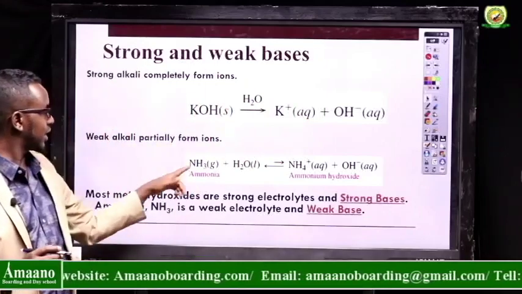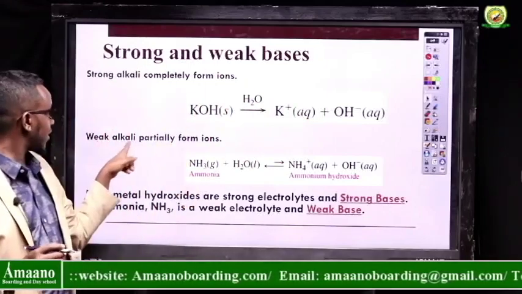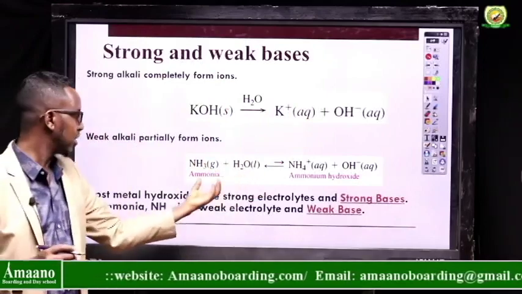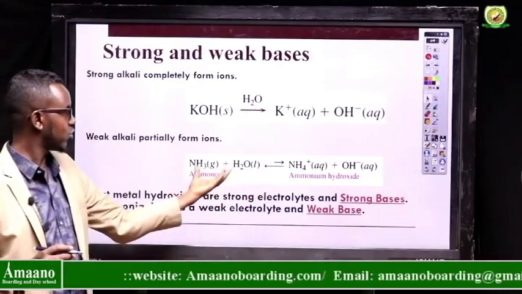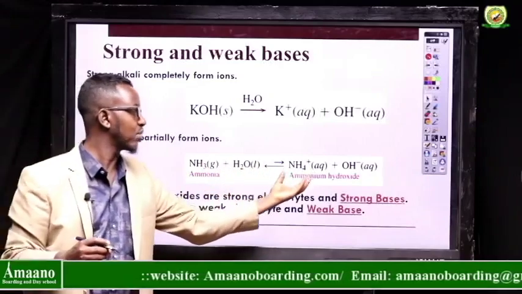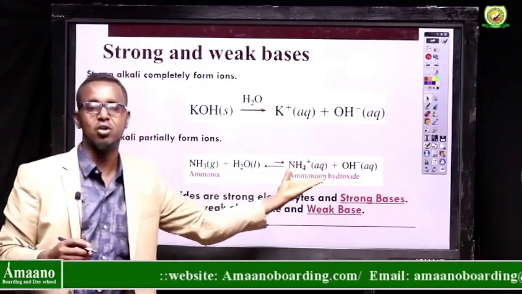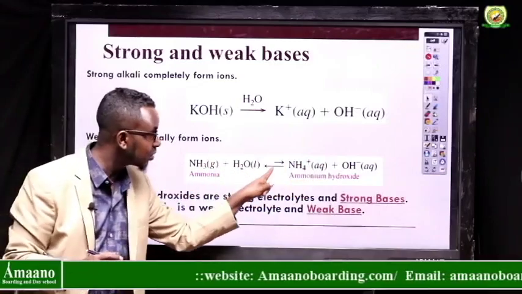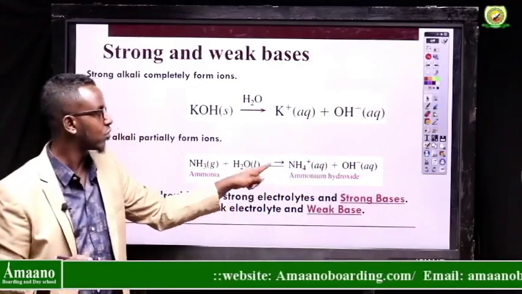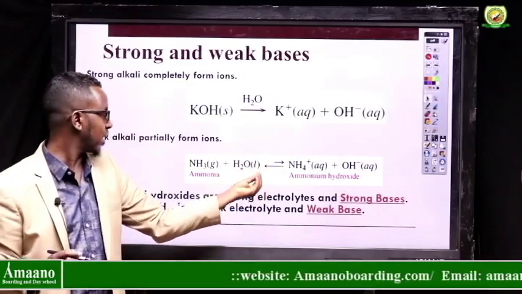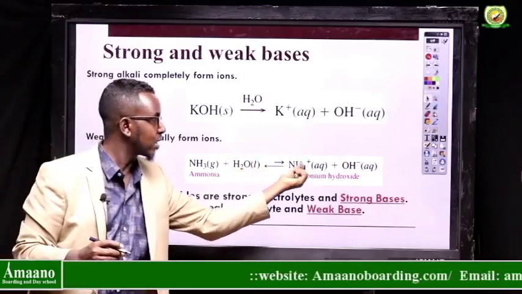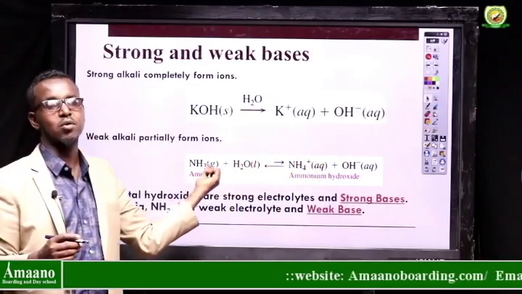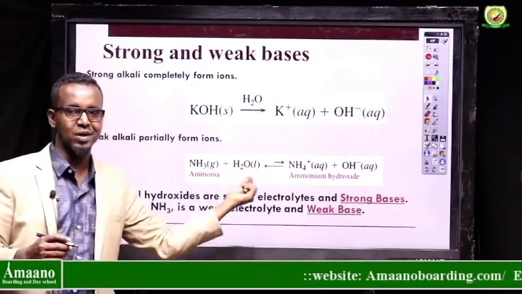What about a weak base like ammonia? A weak alkali or weak base is partially ionized, partially decomposed. For example, this is ammonia. When you put it in water, it decomposes into ammonium ion and hydroxide ion, but only partially, not completely. Still, we have some ammonia. Remember this double arrow indicates a reversible reaction. Some ammonium ions and hydroxide ions combine again to form ammonia, and ammonia decomposes again, so it's a kind of equilibrium.